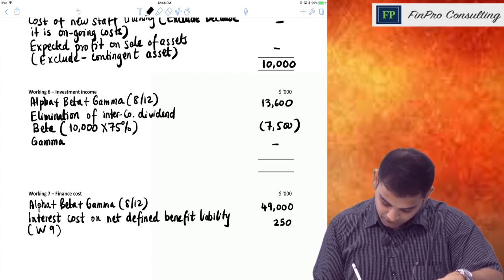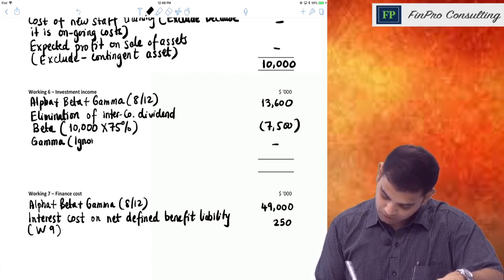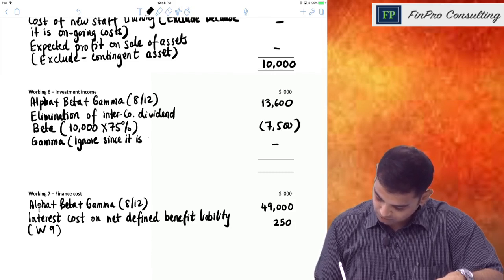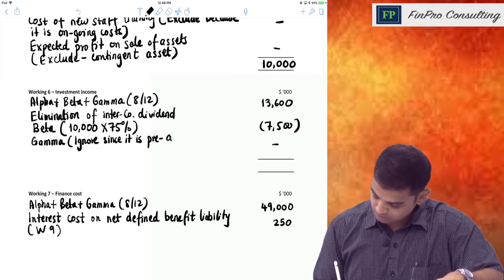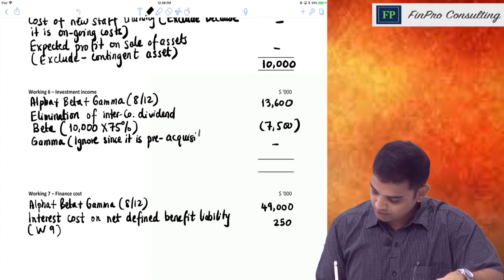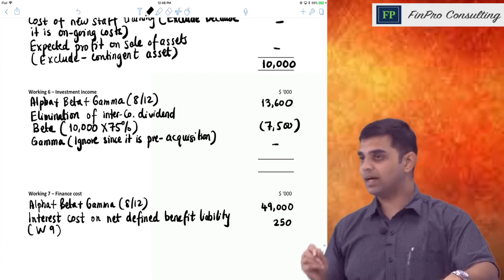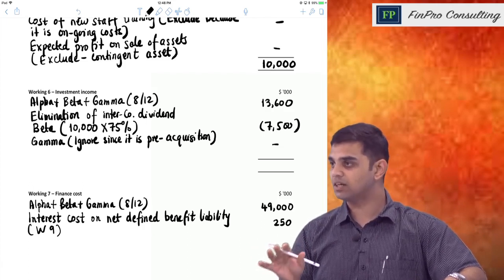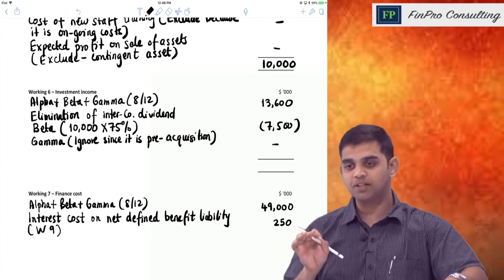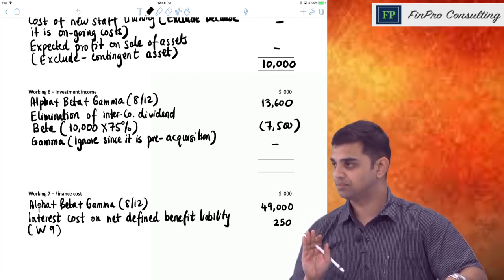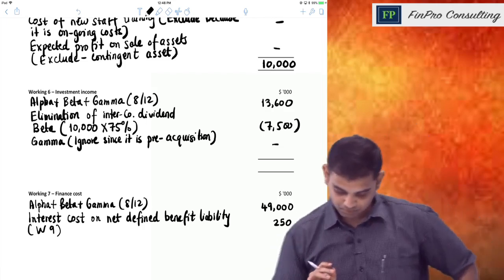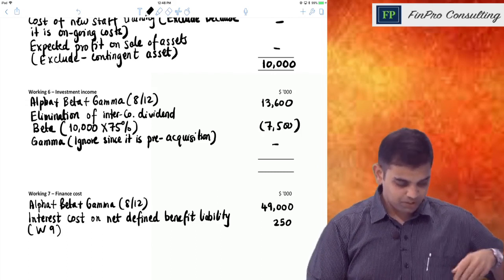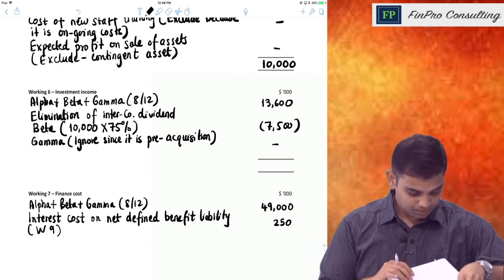So you will write it: ignore since it is pre-acquisition, right? So whenever anything is given in the problem and you are not taking that amount, please give a reasoning why you are not taking the amount, because for every reasoning there is a half mark, right? So investment income adjustment is done.